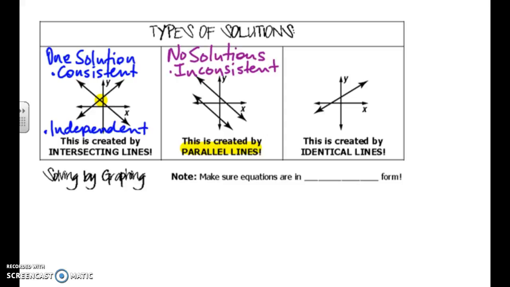And then lastly, this last set, because you can't see that there really truly are two lines, we would say that these have infinitely many solutions. Clearly, if there is a solution, that makes them consistent.